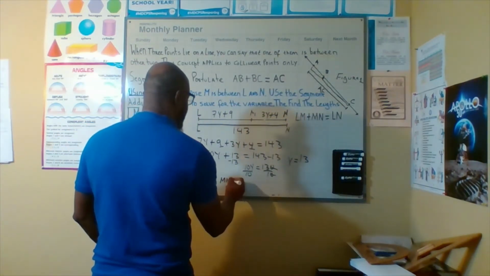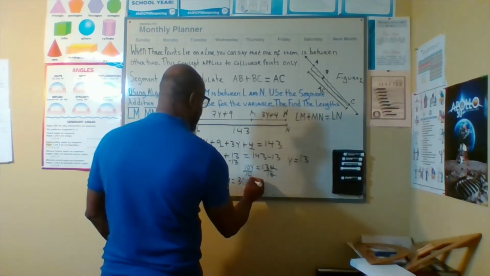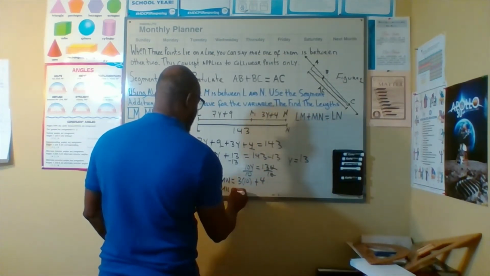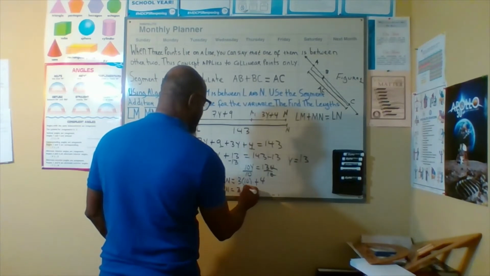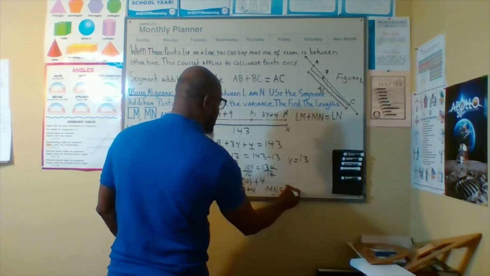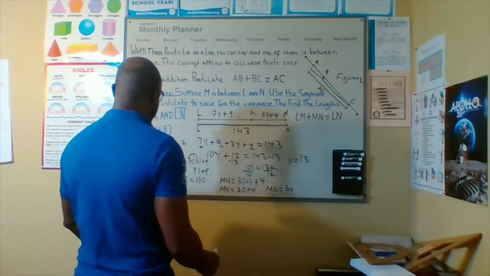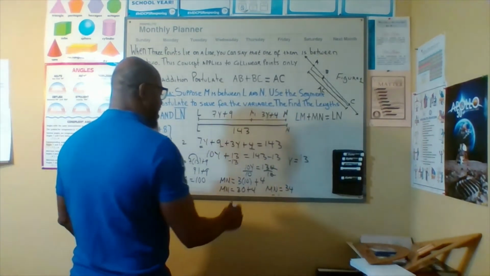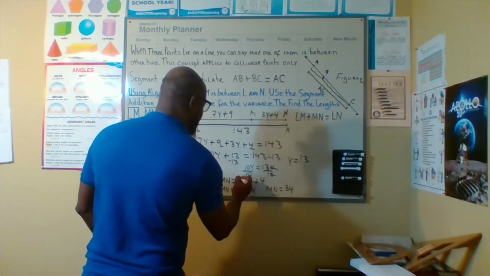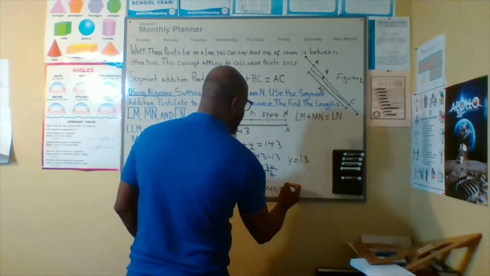MN is 3 times 13 plus 4. I mean, there's a mistake, that's 13. 3 times 13 is 39, plus 4 is 43.